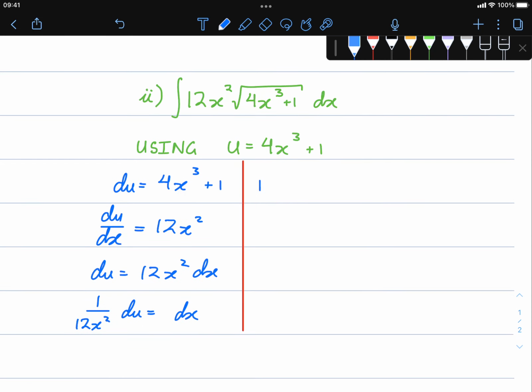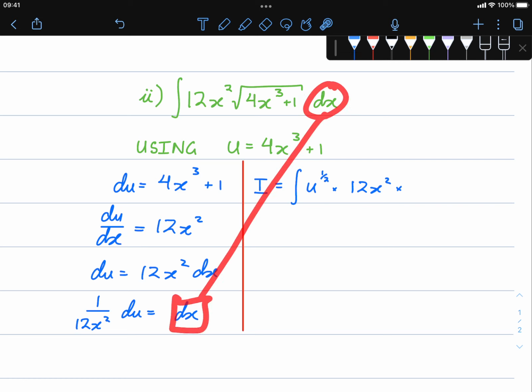So we get the integral being, since this is now going to be u, u to the power of half times, this remains where it is, so we get 12x squared times dx, which we will now substitute for 1 over 12x squared du.